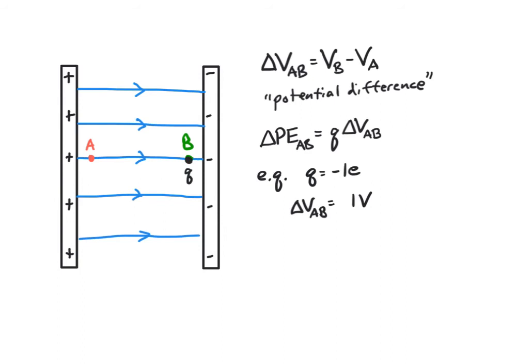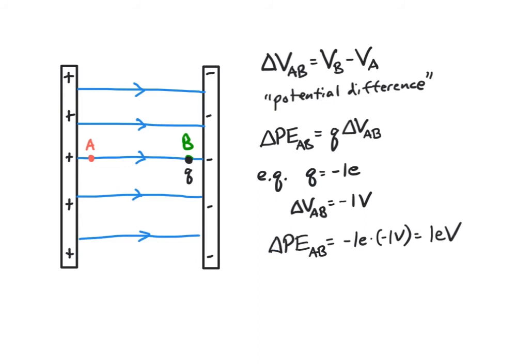So the potential difference from A to B is the low value of B minus the high value of A. And so I have a negative sign because I'm losing potential as I go from A to B. I'm going from a high value to a low value, and so the change is negative. Calculating the change in energy at this point is straightforward, and we get 1 electron volt of energy.